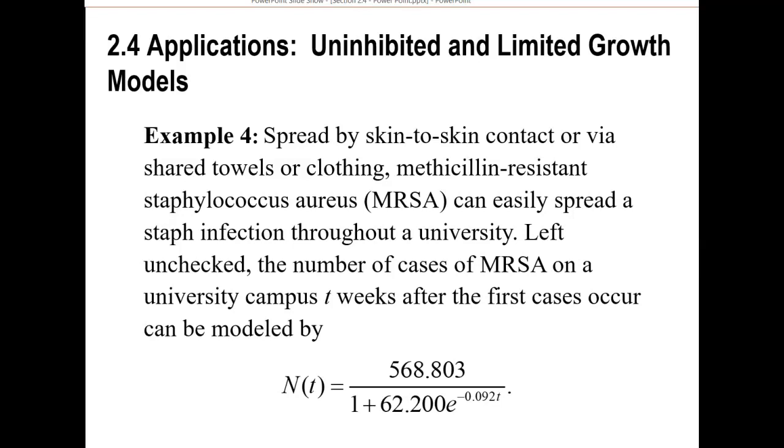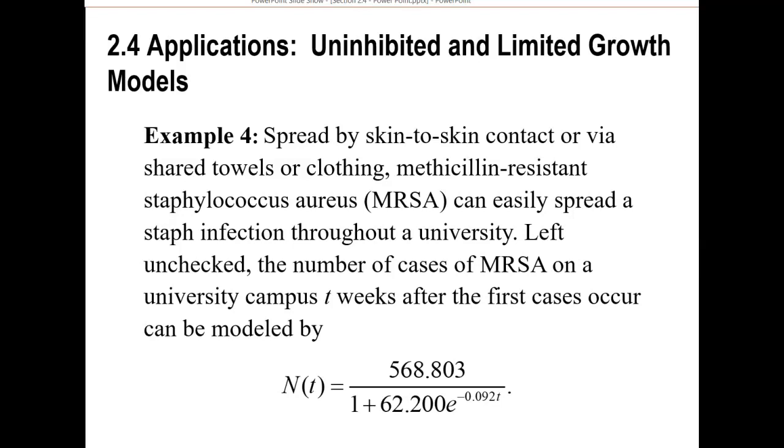All right, so example 4 is similar to that. Spread by skin-to-skin contact or via shared towels or clothing, methicillin-resistant Staphylococcus aureus, MRSA. I probably said that all incorrectly, but the abbreviation is MRSA, can easily spread a staph infection through a university.